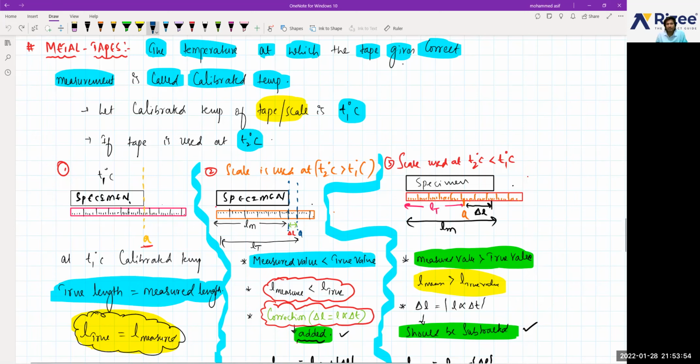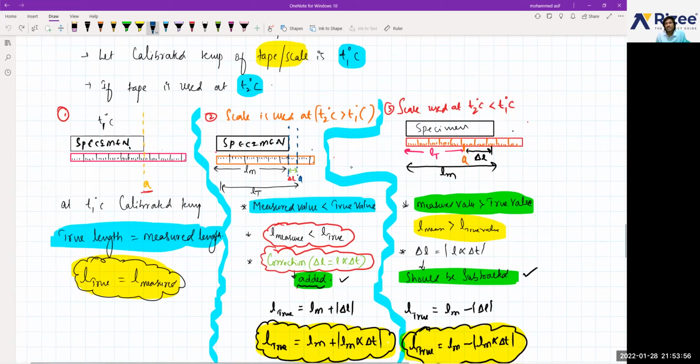Now see, this one is very important. The scale is used at T2, where T2 is greater than T1. That means the scale is being exported to Dubai, where the temperature is more. You know that metal expands when temperature increases. So when you are measuring the same specimen in Dubai, the meter scale is expanding. So the measured value will be lesser than the true value.